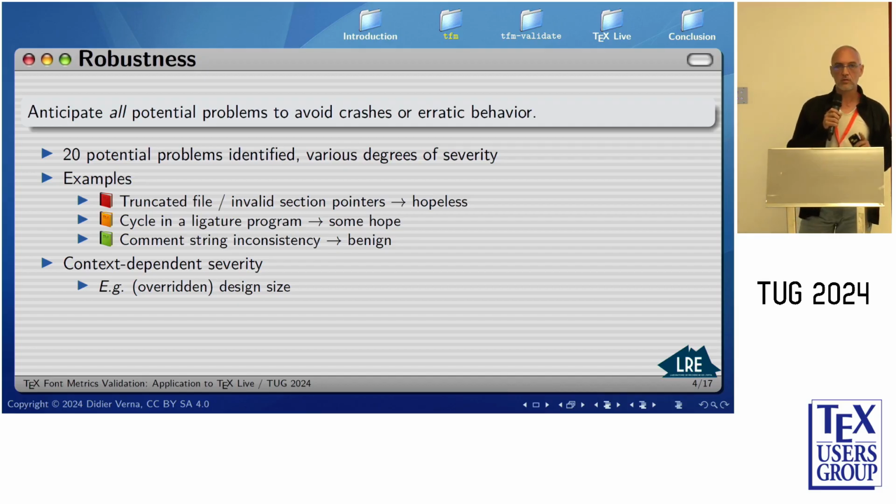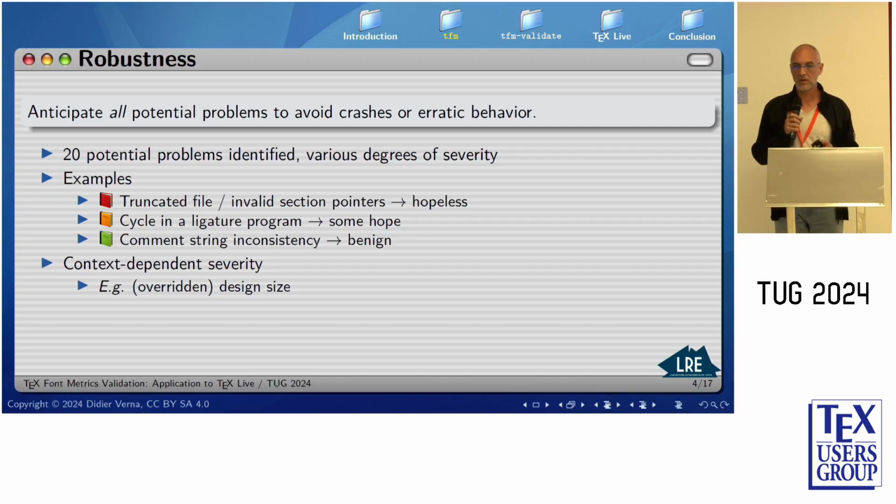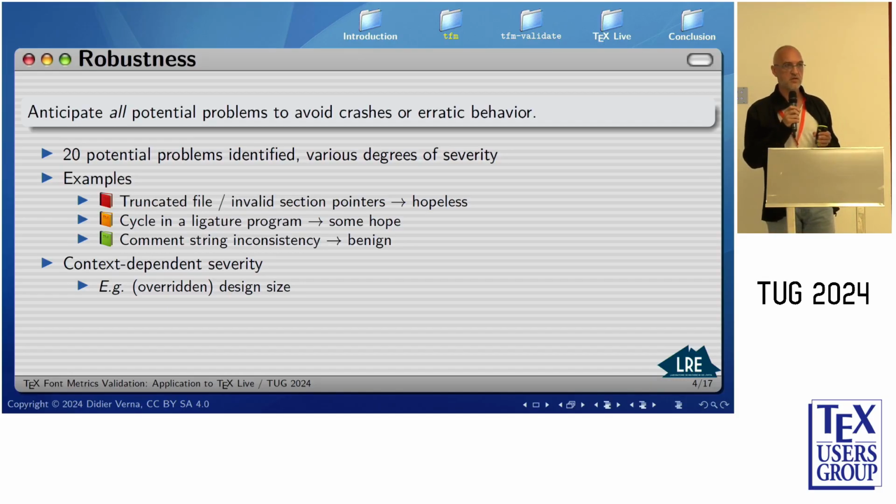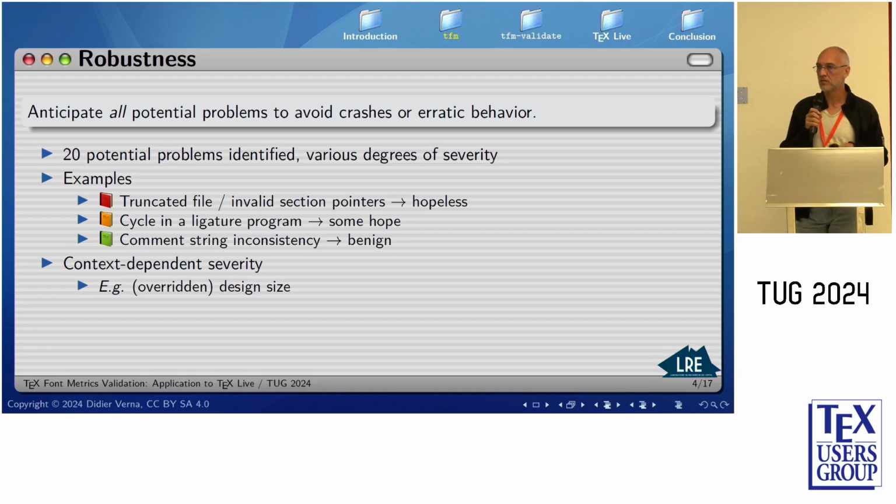One final thing on the robustness matter. The interesting thing is that at places, the severity of a problem can be dependent on the context or the time or the precise context in which you're parsing the file. A typical example of this is the design size in the font. So in TFM there is a number which corresponds to the design size of the font.